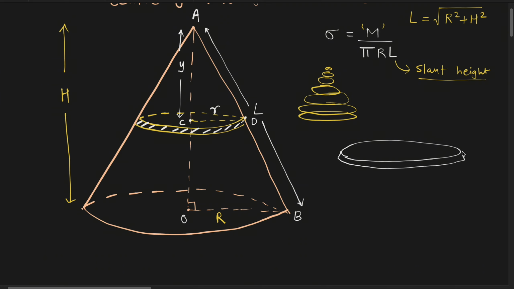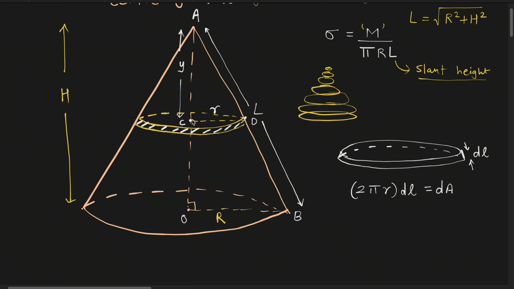This ring has a circumference of 2 pi r, and if I multiply it by this length, let's call it dl, a slant length rather than a vertical length, I get 2 pi r dl, which is the small area dA of that ring. On this we have to integrate.